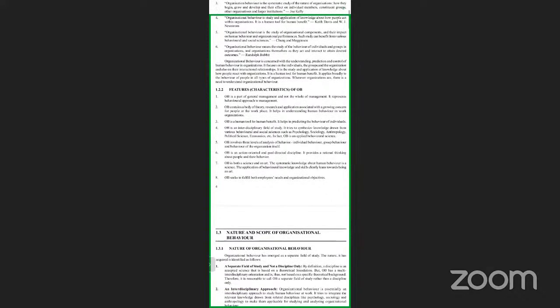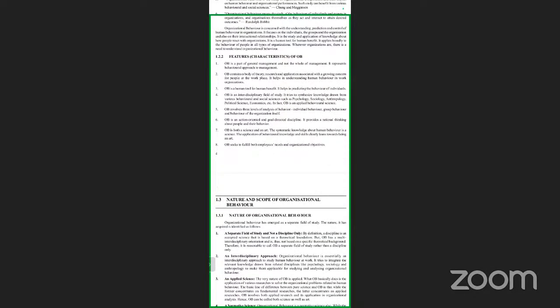Features, or say characteristics, of organizational behavior. What are the features? Number 1, it is related to general management. Definitely not the complete management. It concentrates only on the behavioral approach to management.